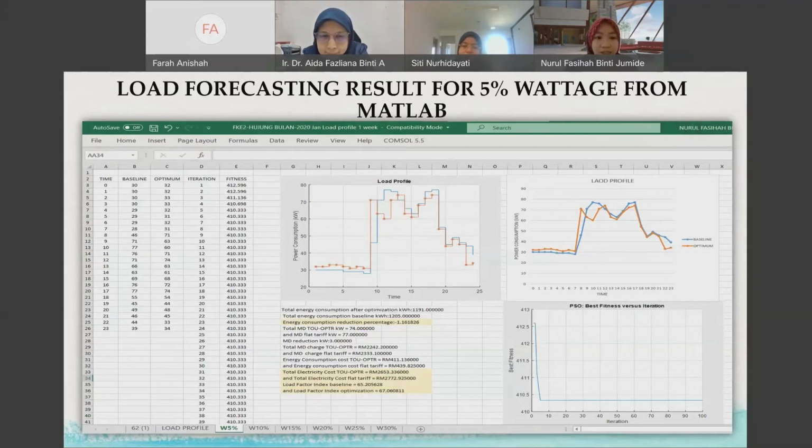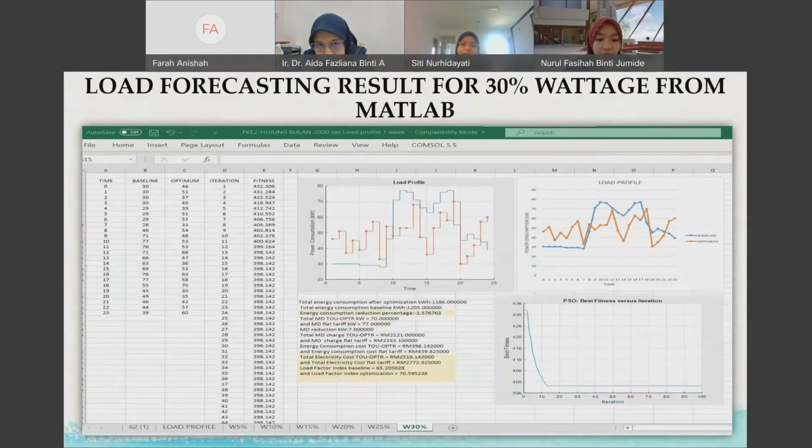The three criteria that I explained just now are: the energy consumption reduction must be low or negative, the total flat tariff must be larger than the total electricity cost, and the optimization must be larger than our baseline. This is for weightage 5, and weightage 30 is an example of the result for weightage 30.